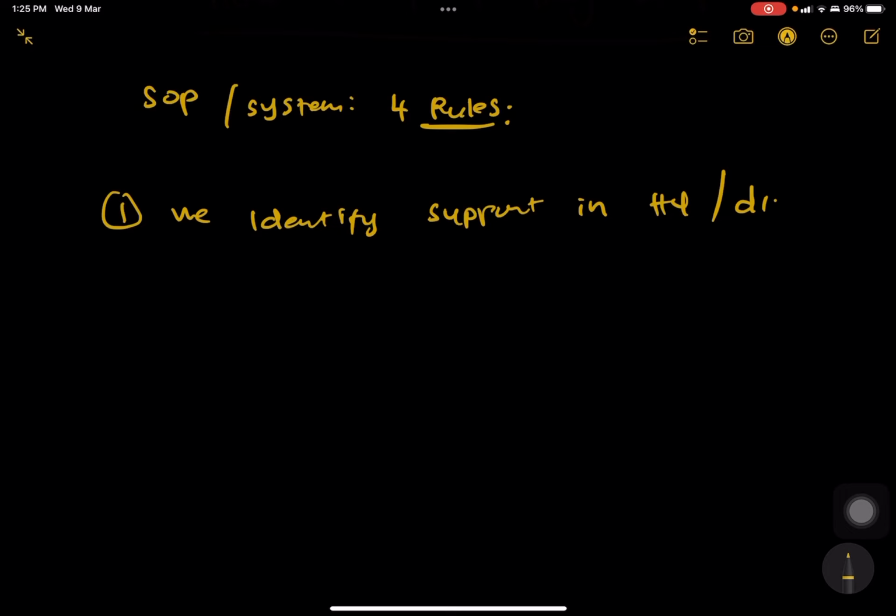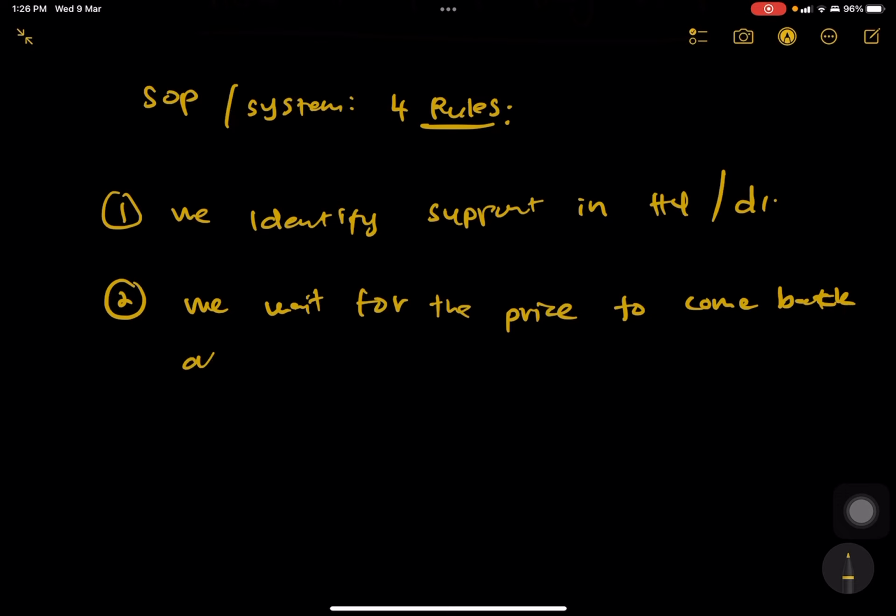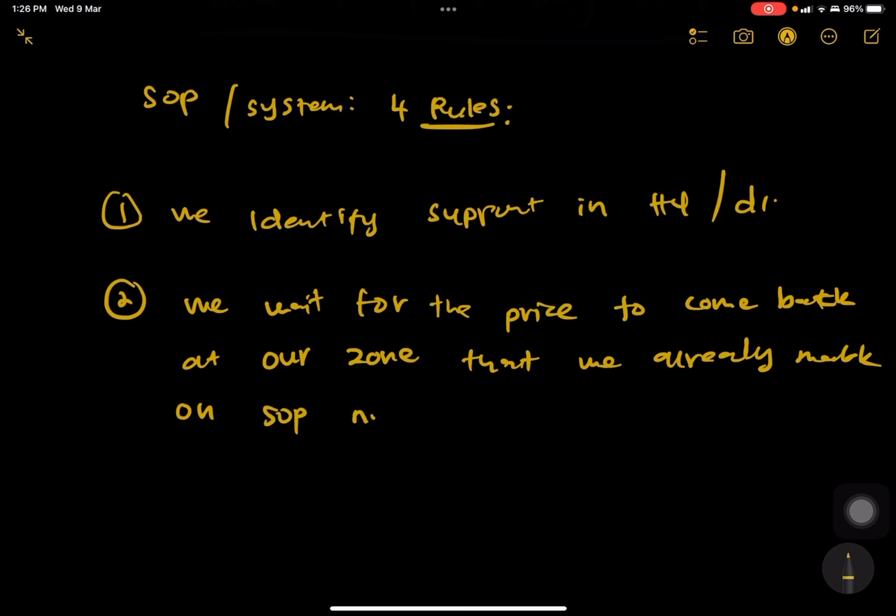After we identify support in H4 and D1, number 2, we wait for the price to come back to our zone that we already marked in SOP number 1.